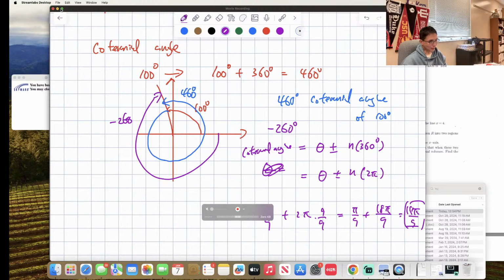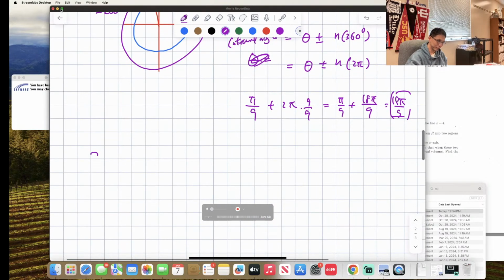Okay, does this make sense? It's very easy. Coterminal angle is another representation of the same angle. Now, a negative angle could be going the other side. I'm going to talk about the last one. It's called reference angle. Now, I'm just going to give you a definition first. Reference angle is kind of interesting.